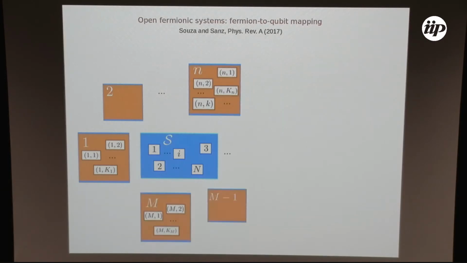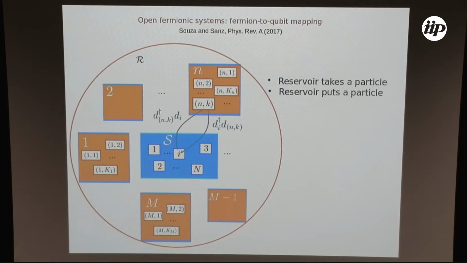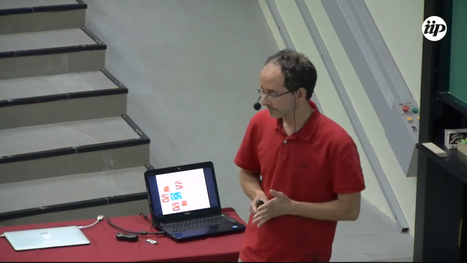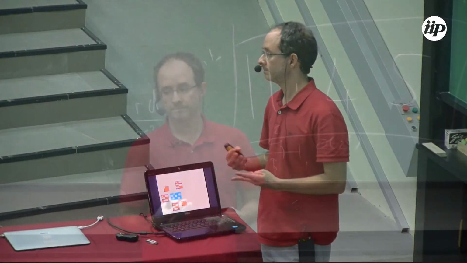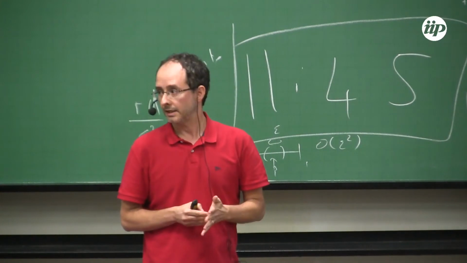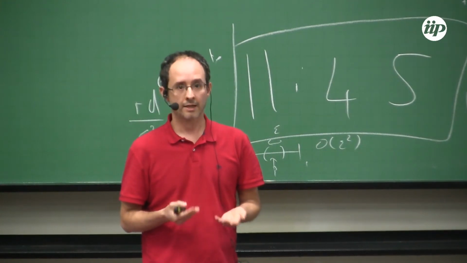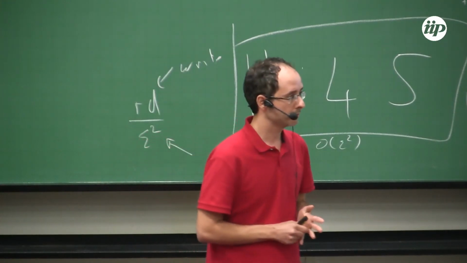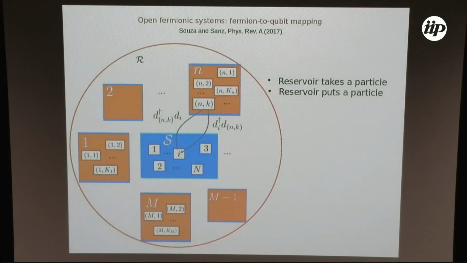So for that, we first developed a fermionic formalism, because in this kind of system the dynamics is mainly given by electrons. So you have fermion particles, and we developed a formalism to describe these dynamics, including source and drain of particles.